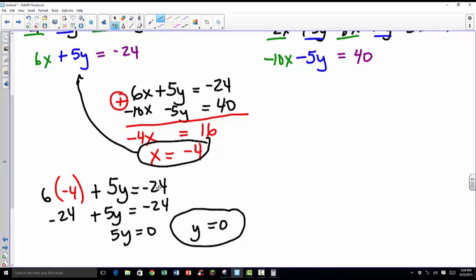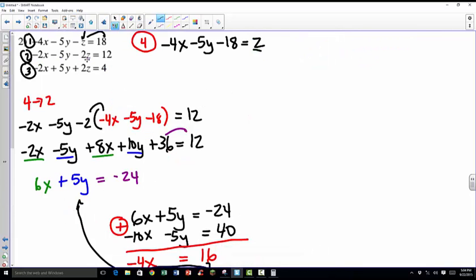So now I have x and I have y. Just pick one of the original equations to substitute in. I usually try to find whichever one has the smallest overall numbers, because I don't like big numbers, it makes my life easier. So I have a negative 2, and we're going to put in our value of x.